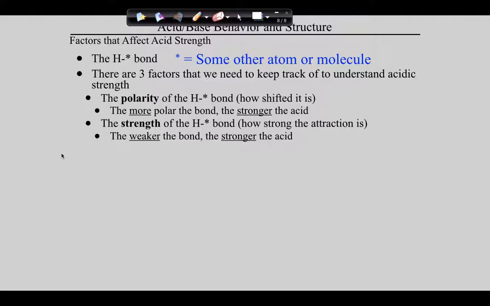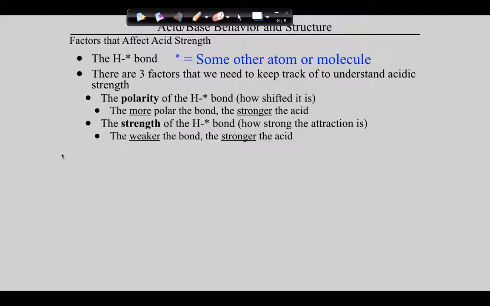Guys, if you're comfortable with the idea that polarity is shifting, strength is attraction, and that both of those things influence acidic strength, so the more shifted the bond, polarity, the stronger the acid, and the stronger the attraction, the stronger the bond, the weaker the acid, because it breaks apart less easily, you're right where you need to be.